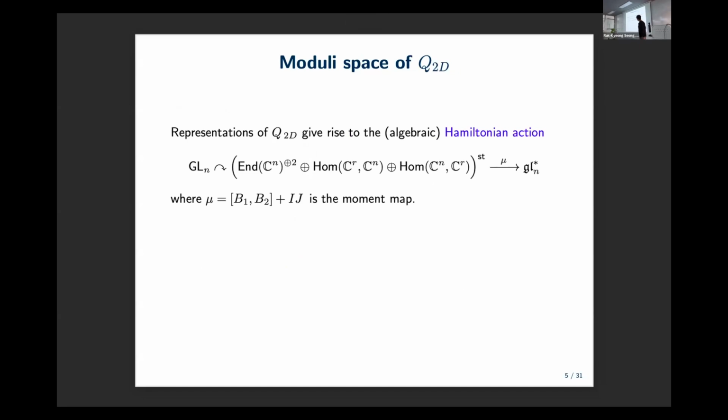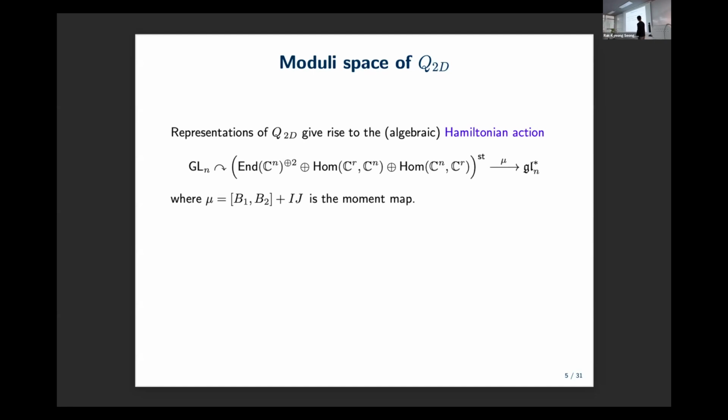And this representation theory of Q of 2D gives rise to an algebraic Hamiltonian action. This means that the middle space parameterizes the space of all possible linear maps B1, B2, which are endomorphisms of C^N, and maps I and J as well. And this is clearly a self-dual space, so there is a symplectic form. And then we look at the stable part of it.